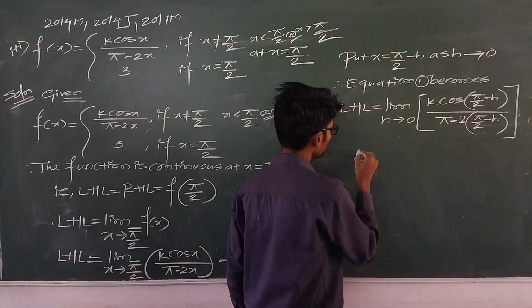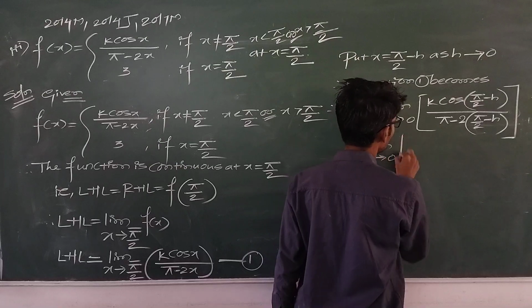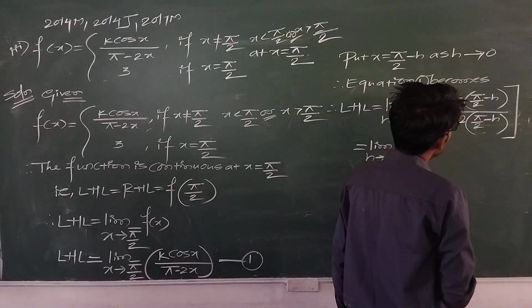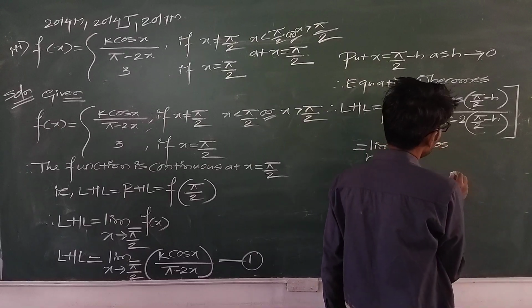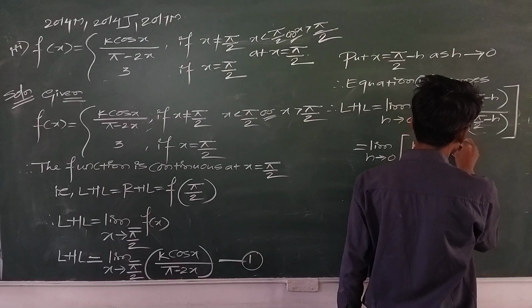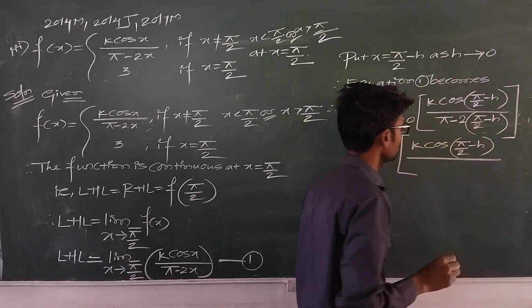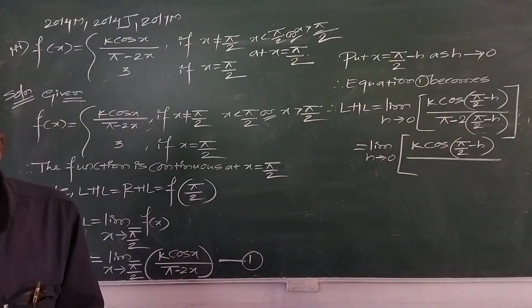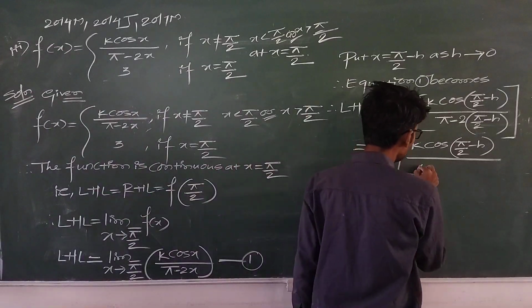So now this is equal to limit of h tends to 0 of k into cos of pi by 2 minus h, you write as it is, and after that we are having pi, you write as it is.